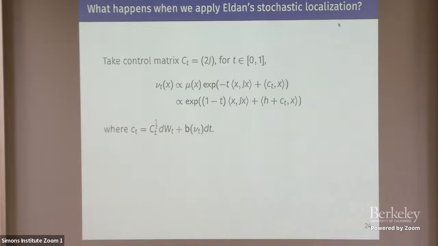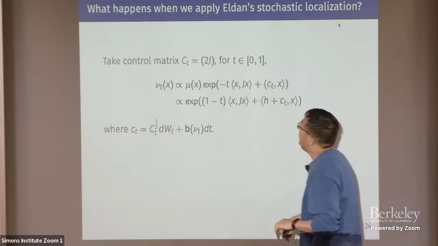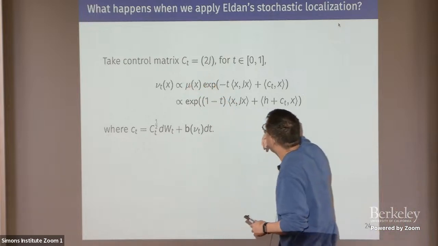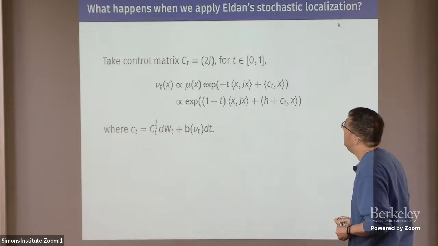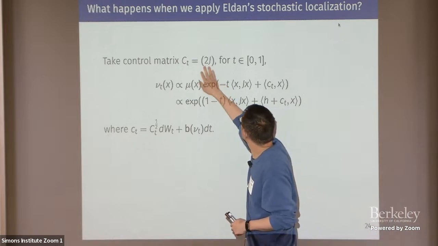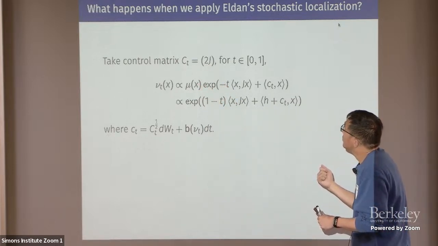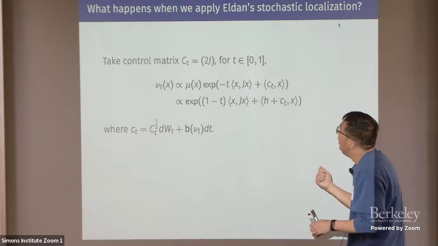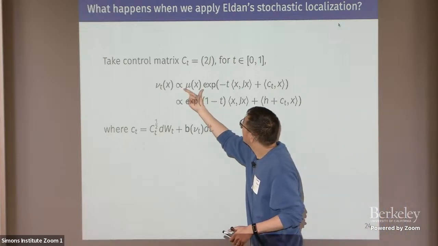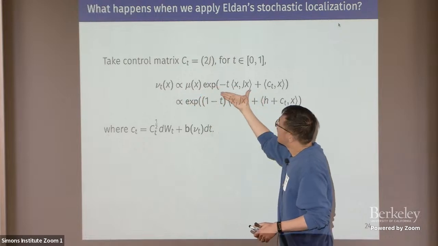And let's take a look at what happens when we apply Eldan's stochastic localization to this Ising model. You will take a control matrix C_t that is 2 times the interaction matrix. The effect of running the Eldan stochastic localization process on this measure is multiplying the original measure by some Gaussian part.